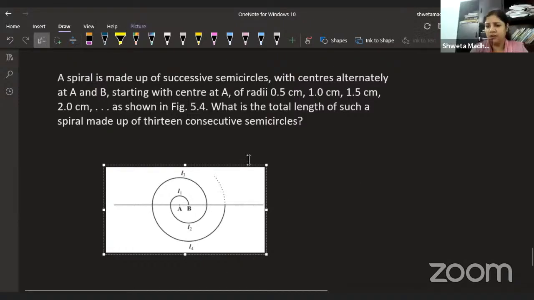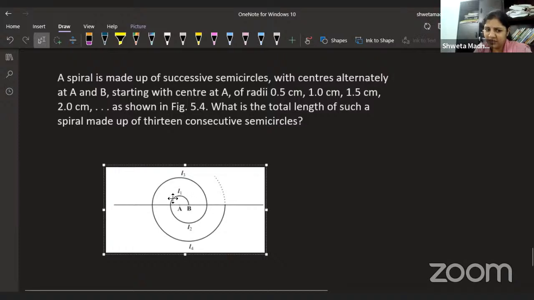Now this is a spiral, and we have to calculate the total length of the spiral for 13 turns. A spiral is made up of successive semicircles.